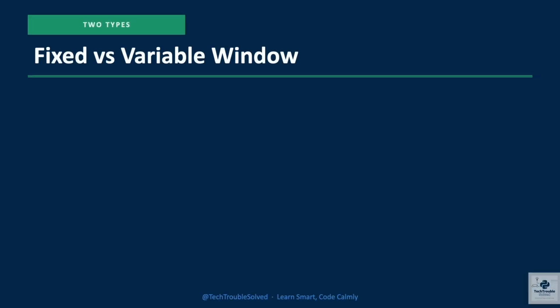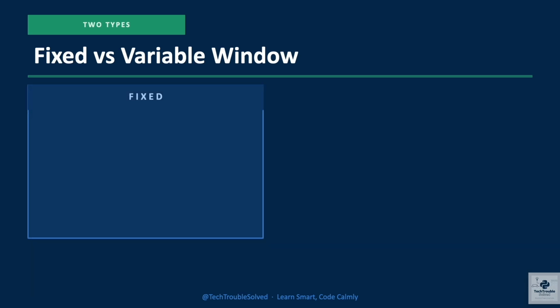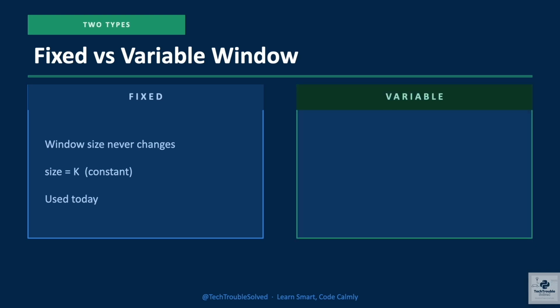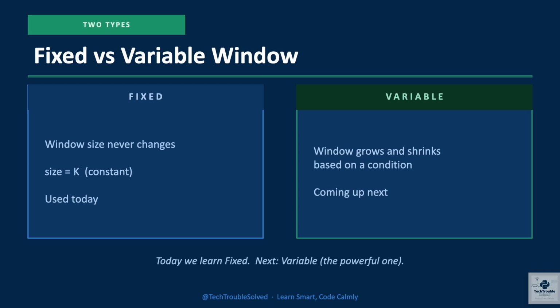Now there are two types of sliding window problems. First, fixed size window, where the window size stays constant. Second, variable size window, where the window expands and shrinks based on conditions. In this example, our window size was fixed, so this is a fixed window problem.